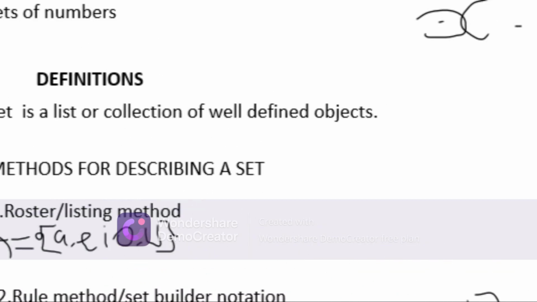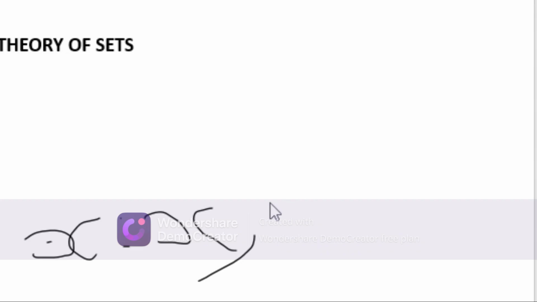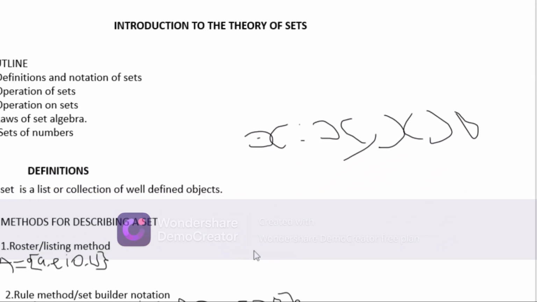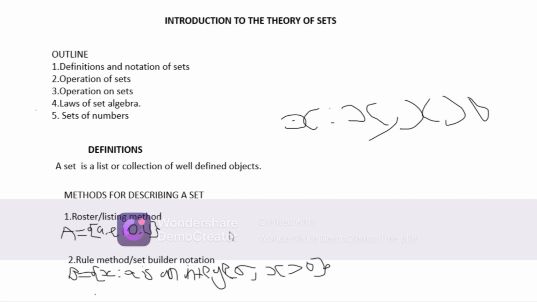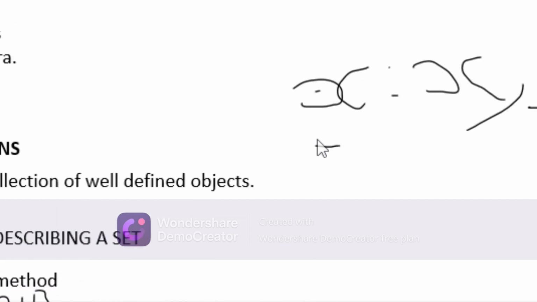You are getting the point? Such that x is greater than 0. So x is an integer and also x is greater than 0. Now, this is set builder notation. When I tell you to put it in listing method or roster method, you open your brackets there.